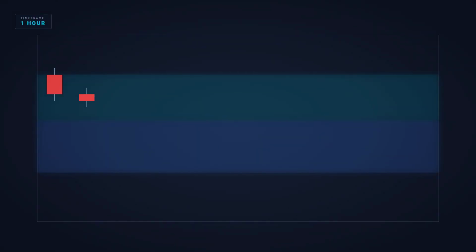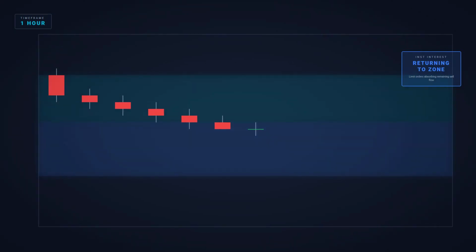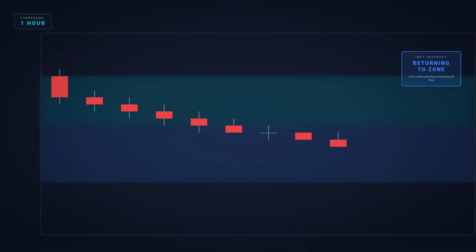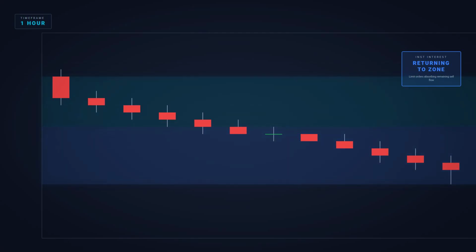Not because of any arbitrary support level, not because of a moving average or a trend line, but because the closer price gets to the zone, the more institutional interest begins to reemerge. The buyers who originated the move are watching this same area. Their reference point for re-entry is the same zone we've identified, and as price approaches it, their limit orders, sitting at the prices inside the order block and FVG, begin to absorb the remaining sell flow from the pullback.